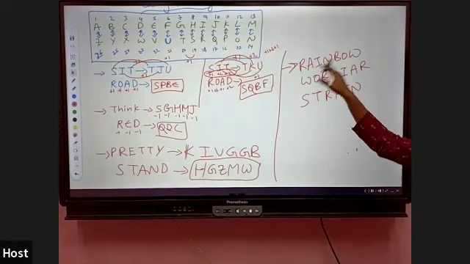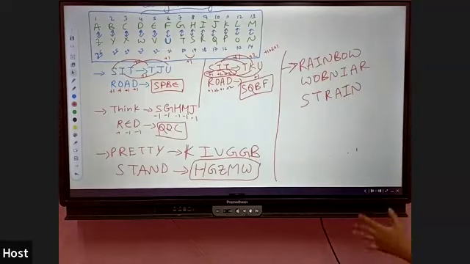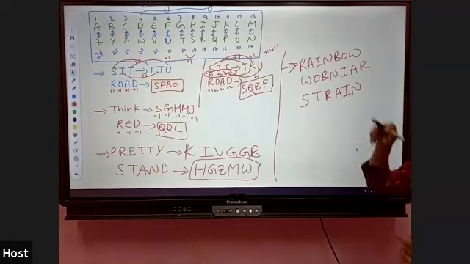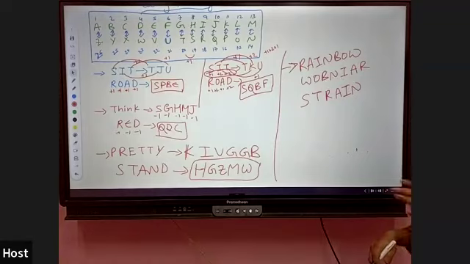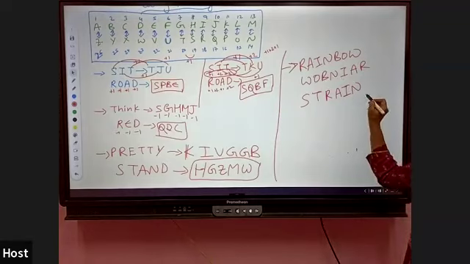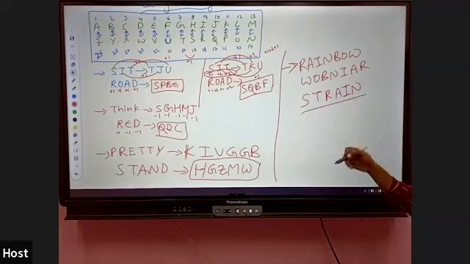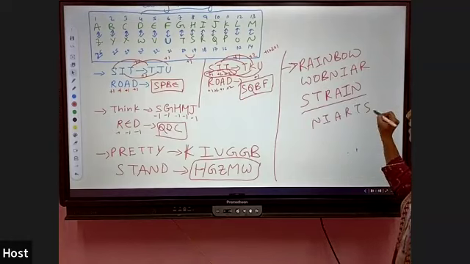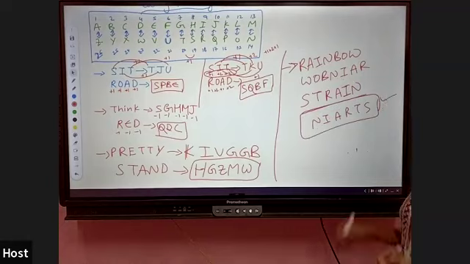So here RAINBOW is given, and the code is WOBNIAR. So in reverse, RAINBOW. The complete full word they gave in reverse. So here for STRAIN also we should reverse the word. NIARTS is the code for STRAIN.